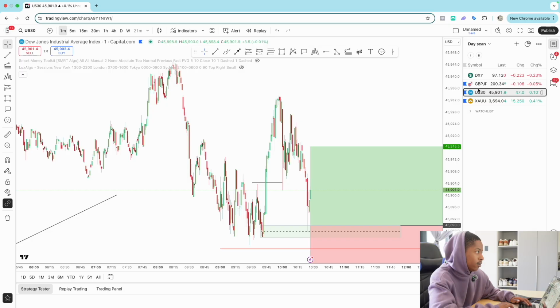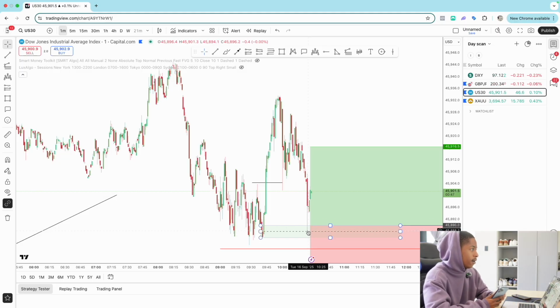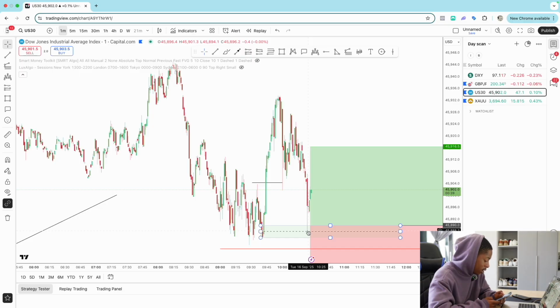US 30. So you see on TradingView, the wick went all the way in, but on the account it didn't go all the way in. That's something, bro. It missed literally by just an inch. Because right now I would be locking in profits.